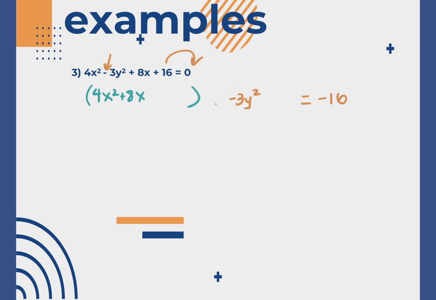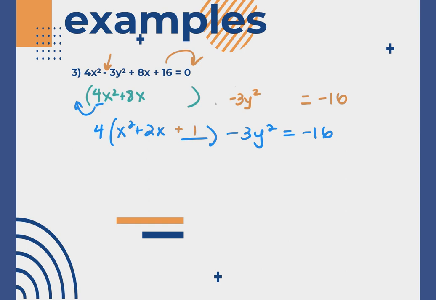So lucky us, we only have to complete the square that one time. There is something on the front of the x squared, so we got to take the 4 out. 4 goes on the front. X squared plus 2x, leave that space, minus 3y squared equals negative 16. Take the 2, divide it by 2, that's 1. Square it, that's 1. I add the 1 inside the parentheses.